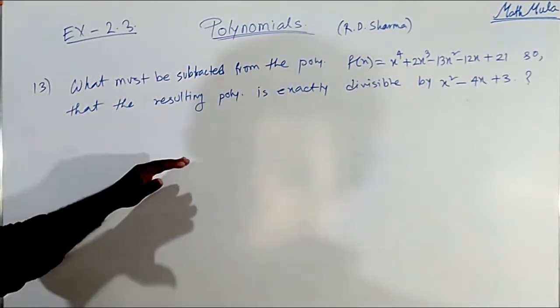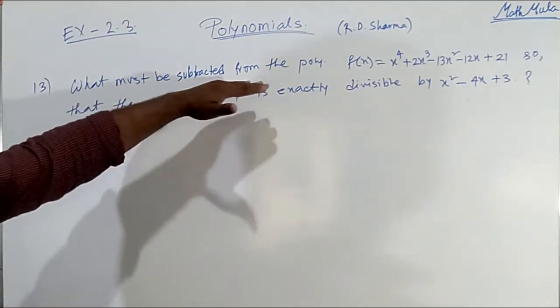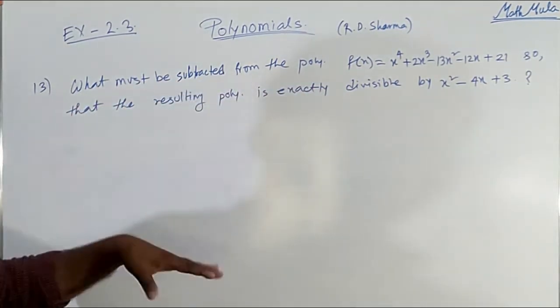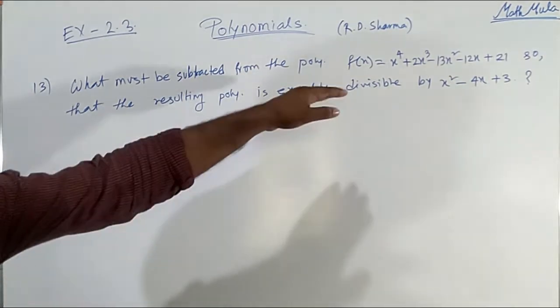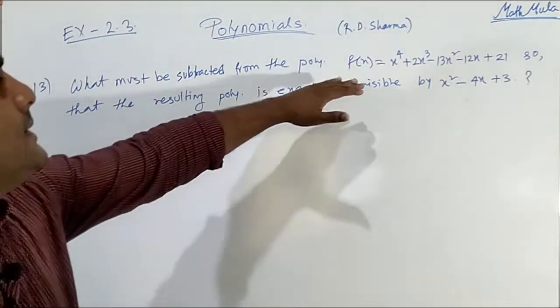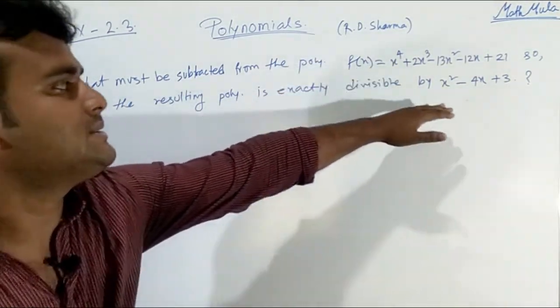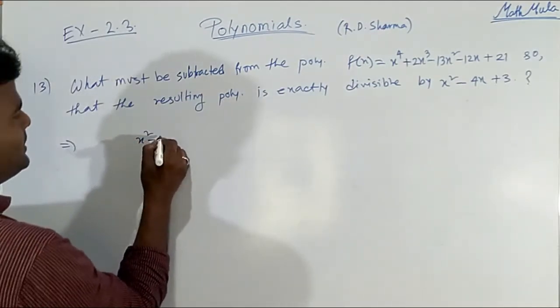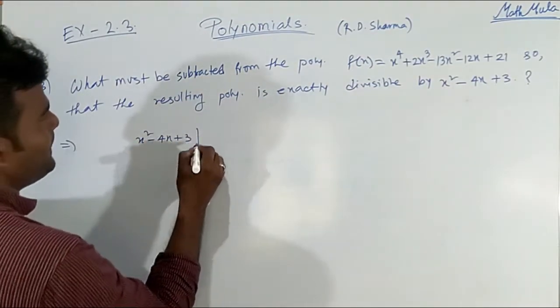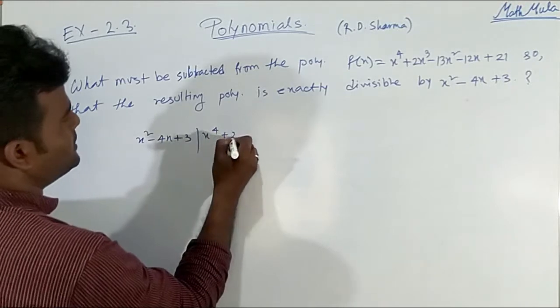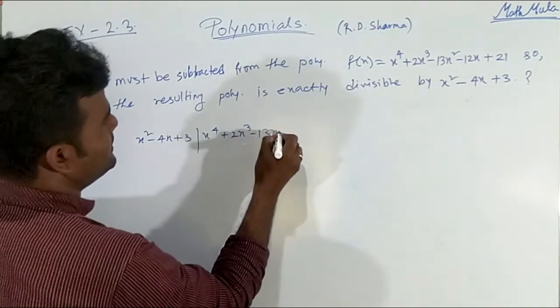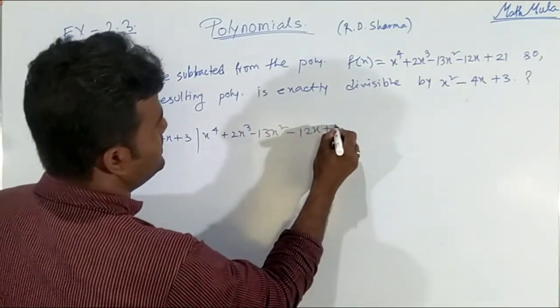Now for this sum, what must be subtracted from this polynomial? That means we just subtract the remainder from this polynomial. Now first we divide the given polynomial f of x by x square minus 4x plus 3.